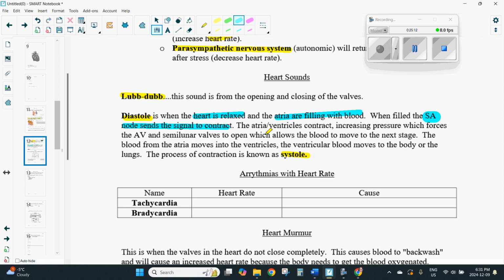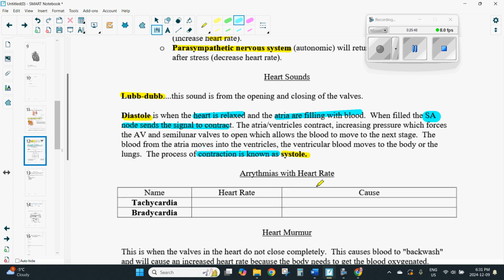So the blood from the atria will then move into the ventricles, and then the ventricular blood will move to the body or to the lungs, depending on if you're looking at the right or left side. The process of contraction is known as systole. So typically doctors will summarize this in a very simple form: systole is when your heart's in contraction, and diastole is when your heart's relaxing and filling with blood. Systole is contraction when it's ejecting blood.